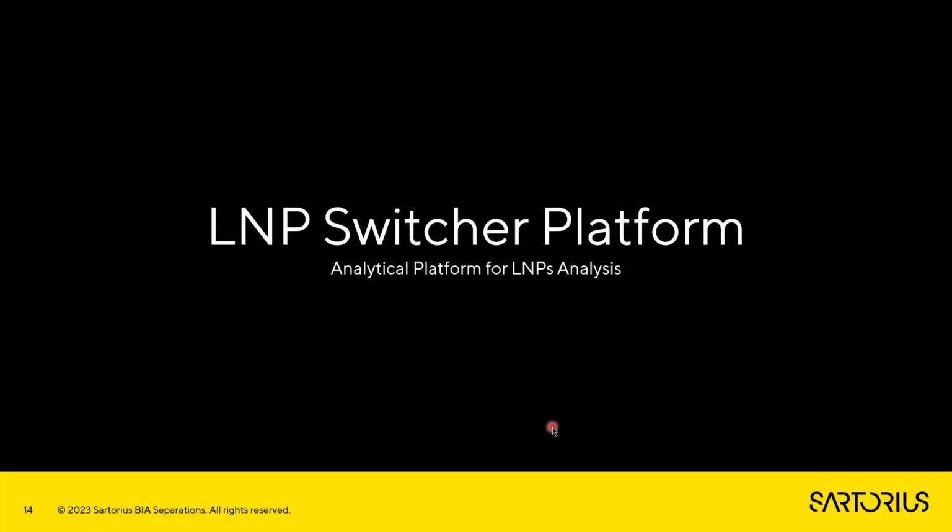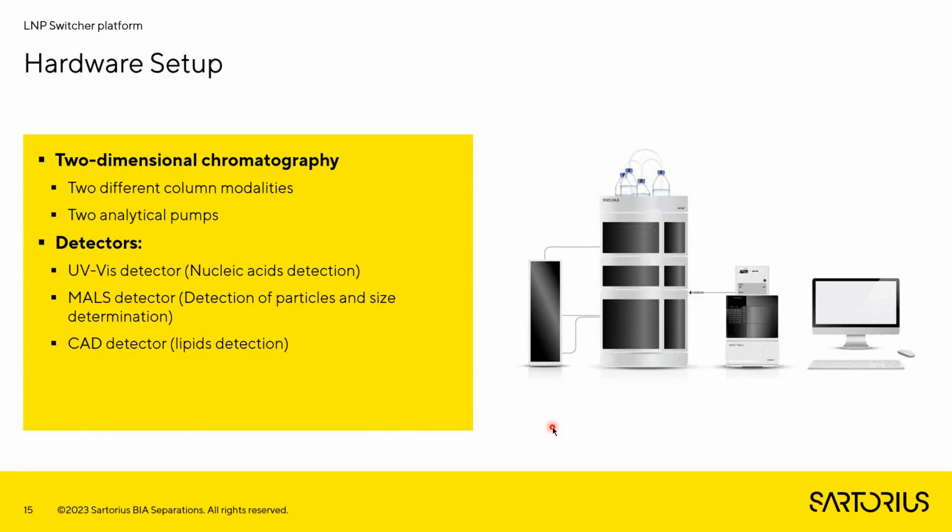So let me now go to the main part of this webinar: the LNP Switcher platform. Here we need to change the hardware setup of our conventional PATfix system a little bit. We add an additional pump, which enables us to operate this system with 2 different column modalities.